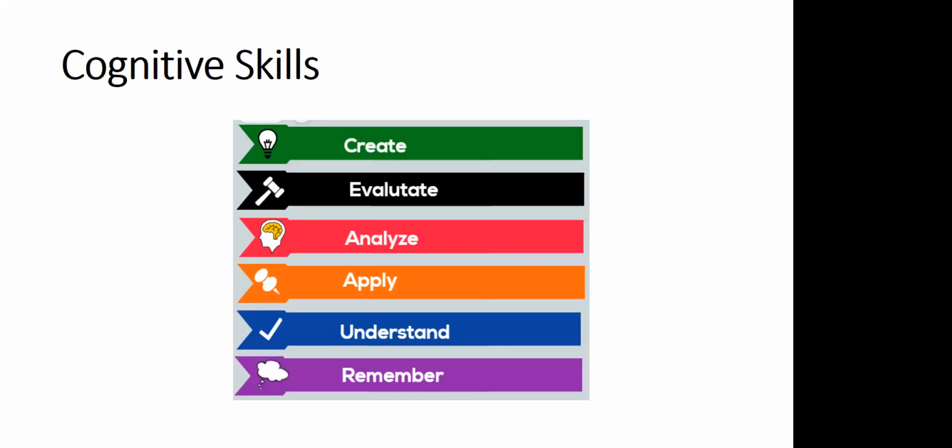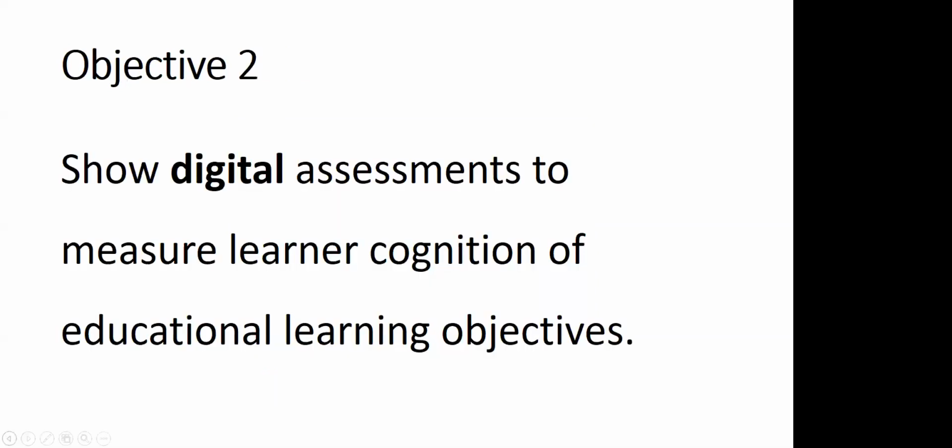There are a lot of different iterations or versions of this, but they're all ways to assess different cognitive skills. Our second objective is to show digital assessments that measure the learner cognition of educational learning objectives.